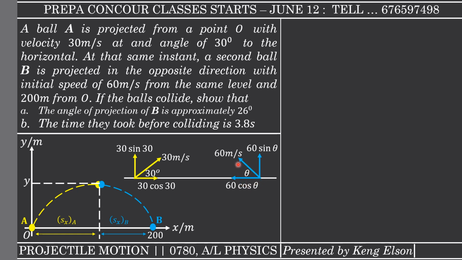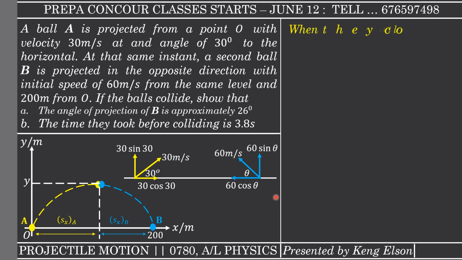Its initial velocity makes an angle of theta with the horizontal. So the vertical component will be 60 sine theta and the horizontal will be 60 cos theta, since that initial velocity is 60 meters per second. Now the distance separating the two balls at time t equal to 0 is 200 meters, which means that the horizontal distance traveled by A plus the horizontal distance traveled by B is equal to 200 meters.